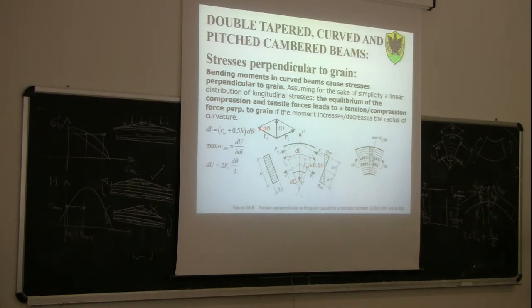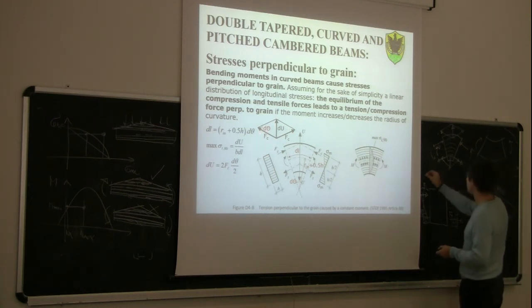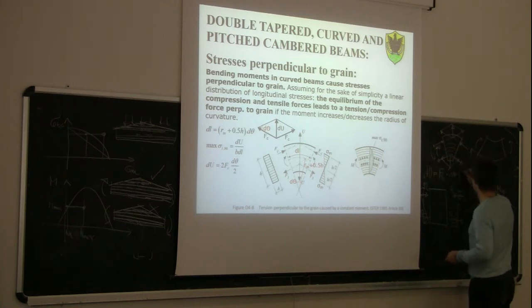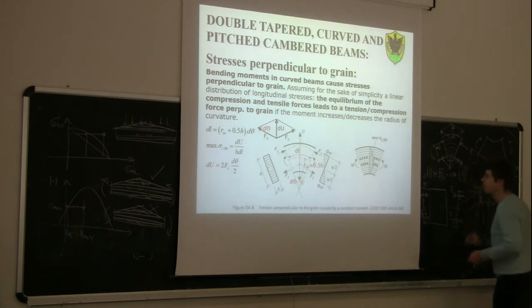So dU here is equal to FC times the sin of half of this angle, so we write that dU is equal to FC times sin of d theta divided by 2, times 2.